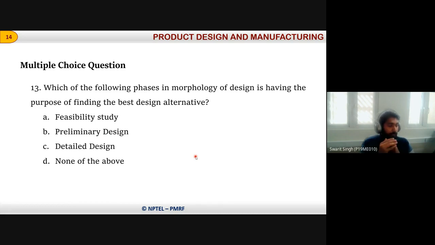So in the primary design stage, we look at the alternatives of a particular design. Suppose you are going to design a chair for kids, kids from age 5 to 10.